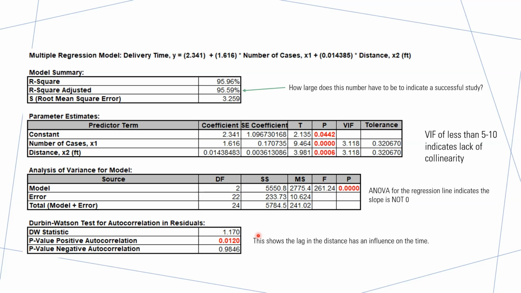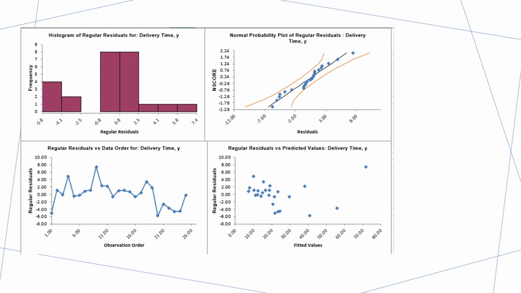Both of those are about the same amount, but one is 60% longer, and it's 60% longer because the previous delivery had a very, very long distance from the truck to the vending machine. The question is, does that make enough difference that we have to account for it? And the answer is practically no. Looking at the residual analysis, we have a very normal residual pattern. So this appears to be a good model.